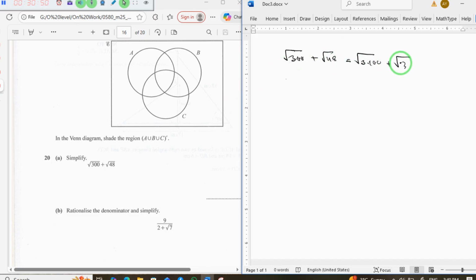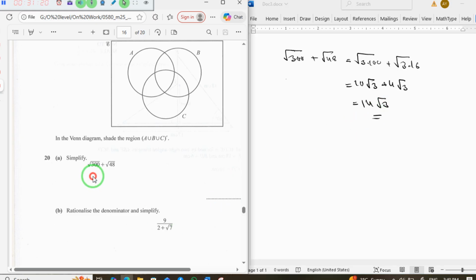We can write 300 as 3 multiplied by 100, plus the square root of 48, which we can write as 3 multiplied by 16. Then the square root of 100 is 10, square root of 3, plus the square root of 16, which is 4, square root of 3. Then we add together these two surds: 10 plus 4 is 14 square root of 3. This is the answer. Question number 20.